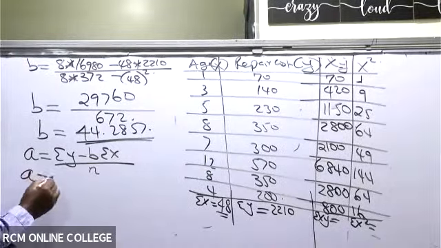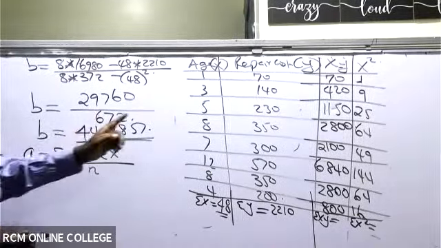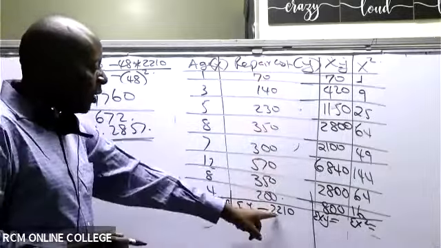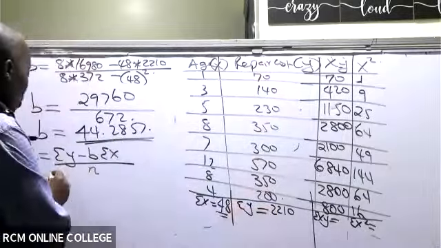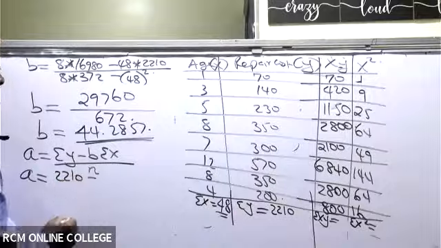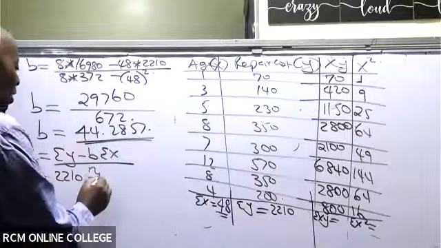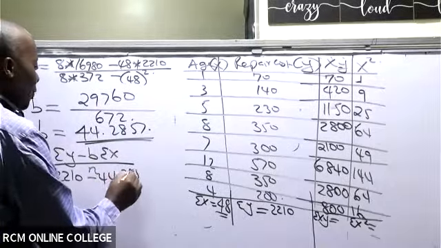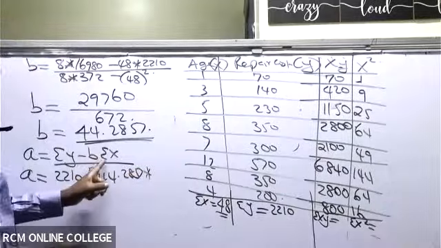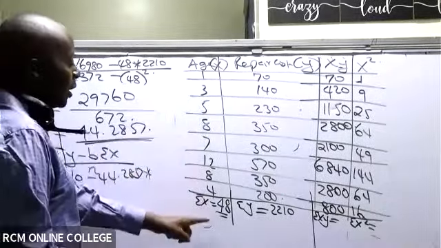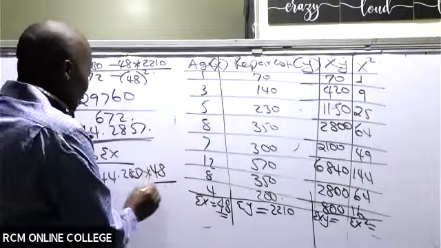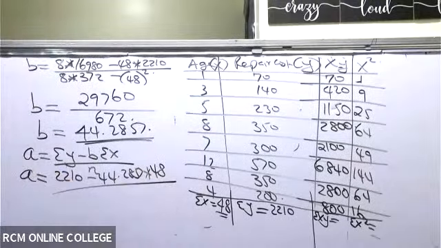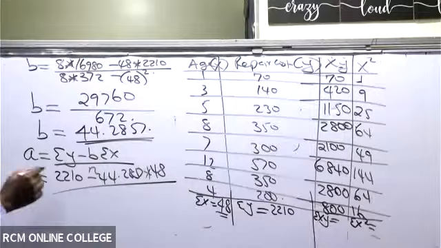So A will be equal to summation of Y, which is 2210, minus B, which is 44.2857, times summation of X, which is 48, divided by our number of data points, which is 8.